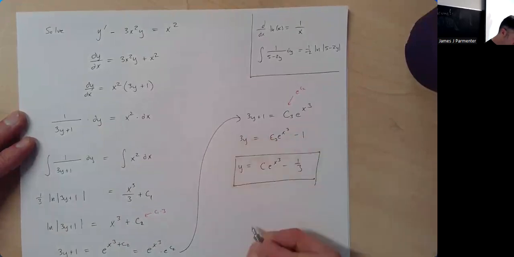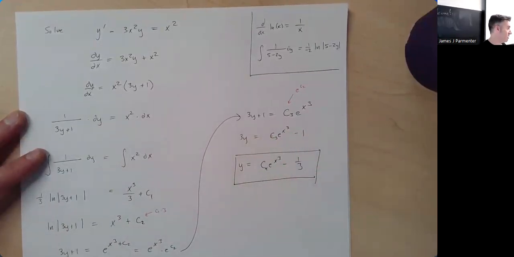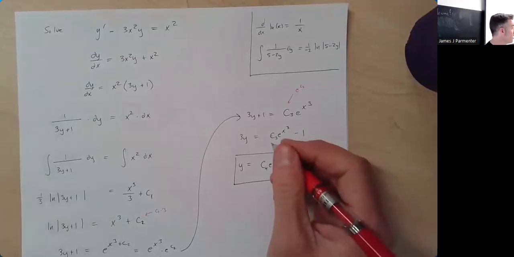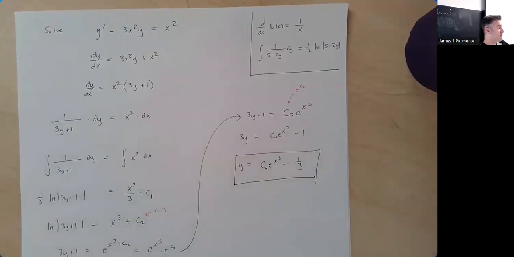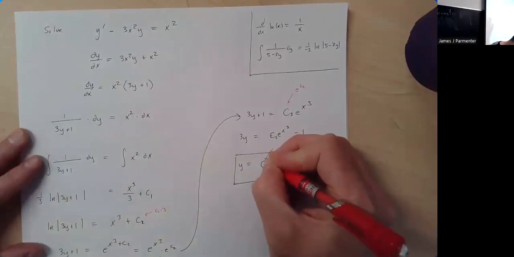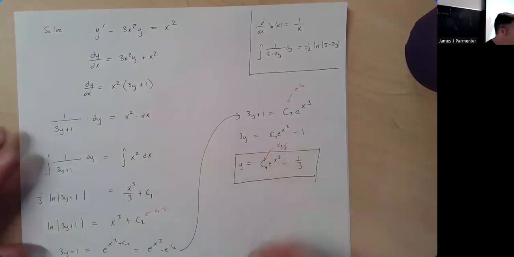Then dividing both sides by 3, C4 is my C3 divided by 3. So it's still just another constant. You can totally think about the function being divided by 3, but you can also think about just the constant being divided by 3. So it's totally fine to say that this C4 is equal to C3 divided by 3.